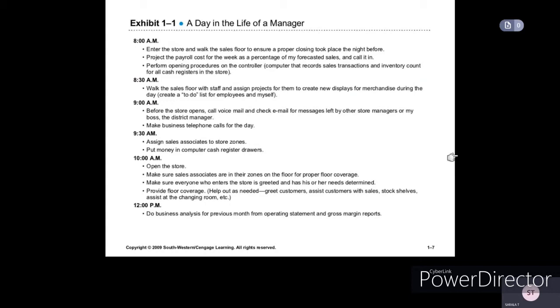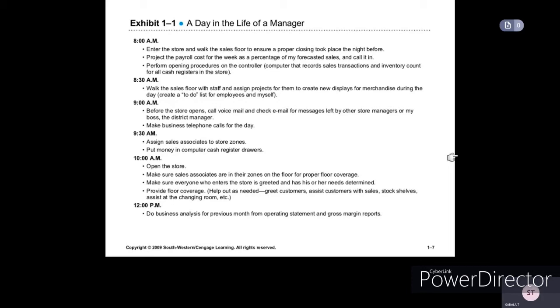At 9 a.m., before the store opens, check voicemail and email for messages left by other store managers, the boss and the district managers. He will check all the mails because communication from other branches, the boss or the district managers comes through voicemails and emails.